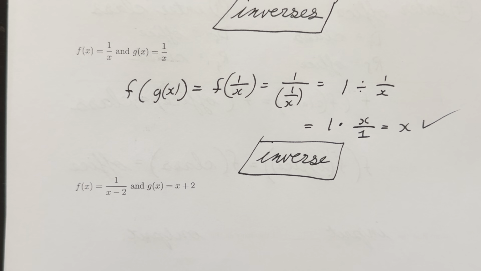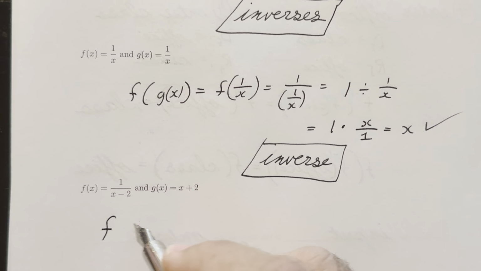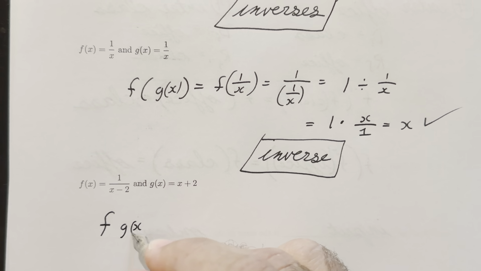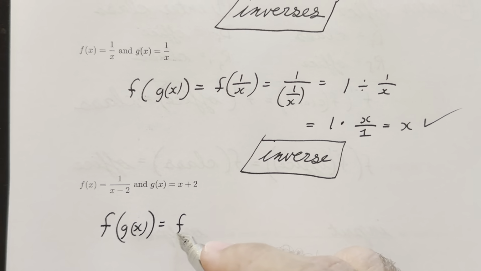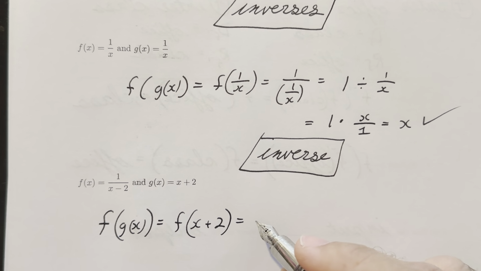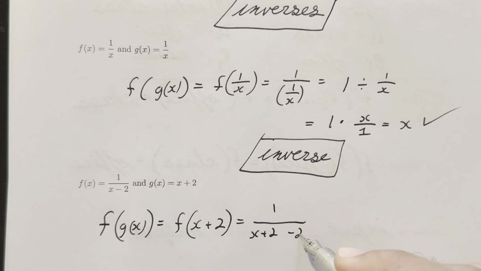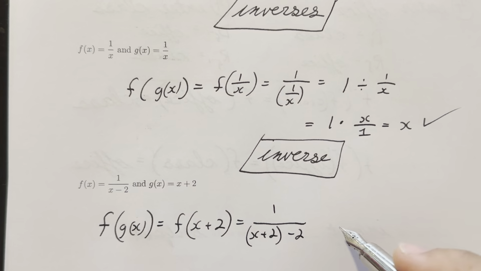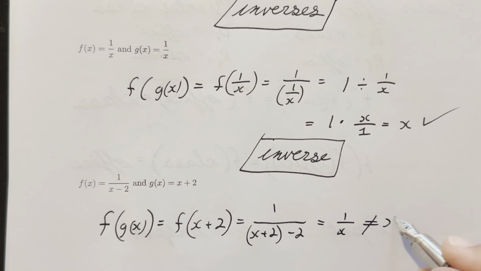All right, so next one. F of g of x again, which is f of x plus 2. And so we plug that into f, which gets us 1 over x. And note that does not equal x.